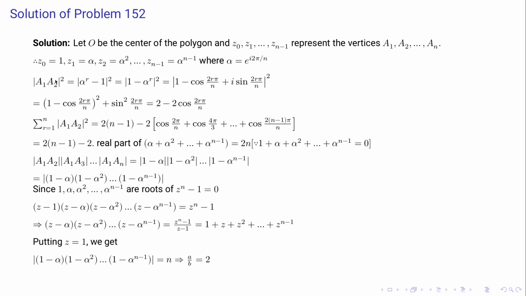So |A1A(r+1)| square would be |alpha to the power r minus 1| square, that is mod of 1 minus alpha to the power r, square. That is |1 minus cos 2r pi by n plus i sin 2r pi by n| square, which is equal to (1 minus cos 2r pi by n) whole square plus sin square 2r pi by n. That is 2 minus 2 cos 2r pi by n. So we take the sum over r, and we get the sum as 2n minus 4 here.